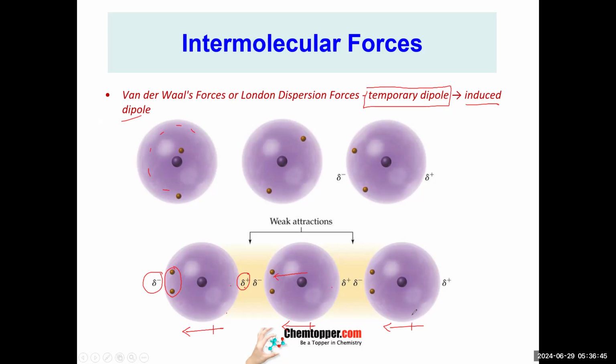Okay, so this is induced dipole, and it depends on the electron cloud, because it's distortion of electron cloud. This is called distortion. This is uniform distribution, but this is distortion. Distortion or polarization. Remember this word, polarization of electron cloud.